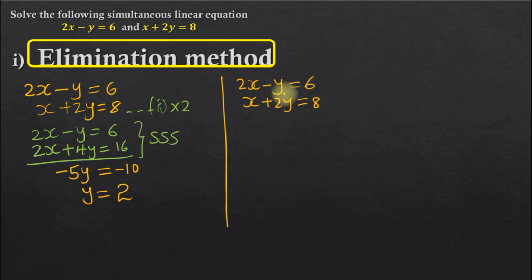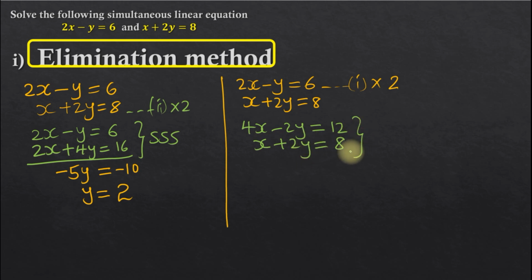I want to make the coefficient of y be 2; it doesn't matter the sign. So for the first equation, let me multiply it by 2 so that the coefficients of y are the same. I'm going to get 4x minus 2y equal to 12.